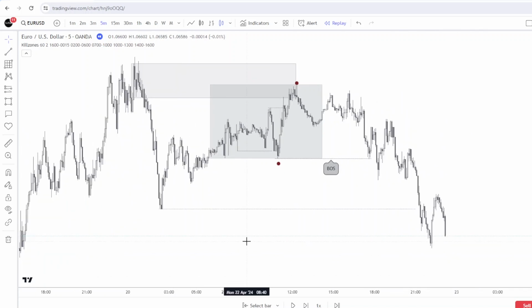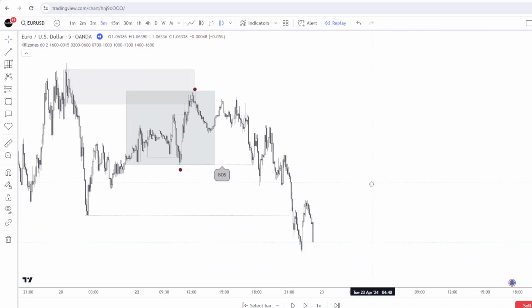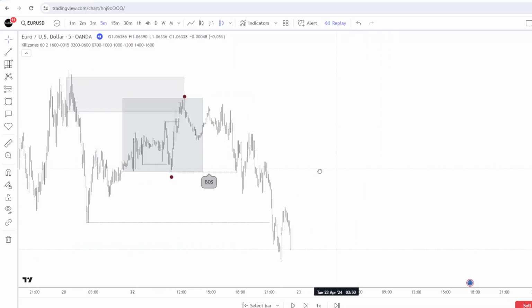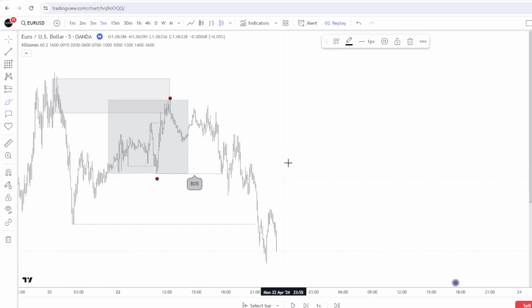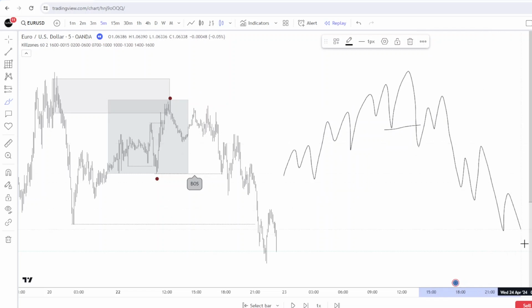So once we had that BOS, when price takes out a strong low, it will then create strong highs. Let me just explain this concept. So if we have a range like this, strong low, strong low, strong low, then price breaks this strong low, it's most likely to start creating strong highs, until that strong high is taken.